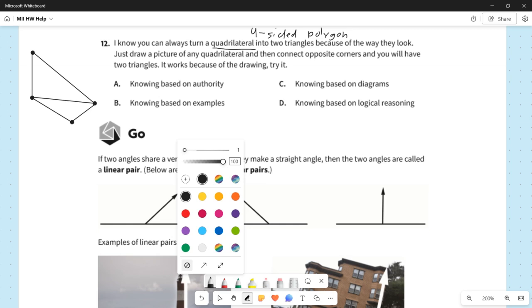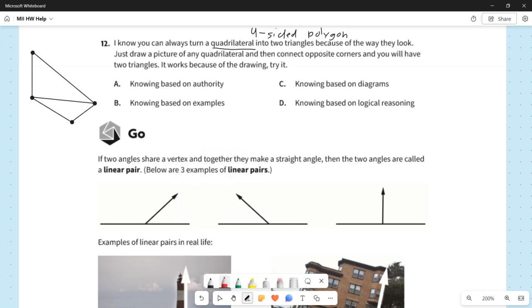Well, I get this triangle, and I get this triangle. Yeah, so that works. And I could see that if I did the other 2 opposite corners, I would also get 2 triangles, right? So I could connect the other 2, but I mean this is sufficient.